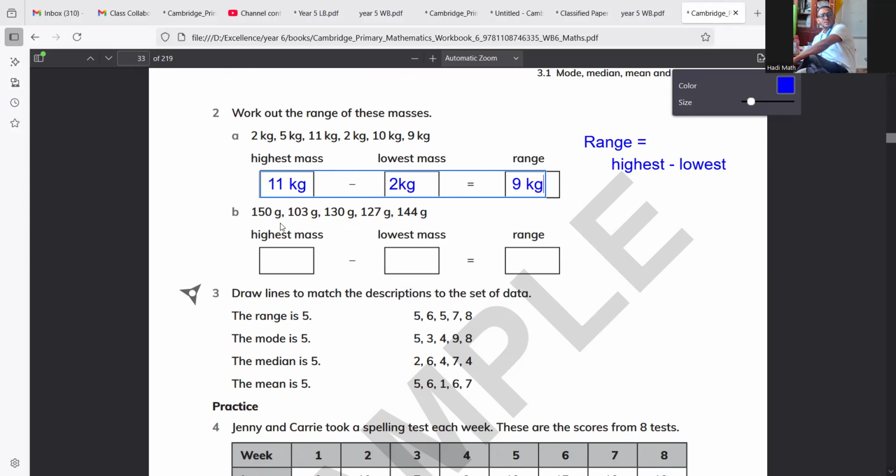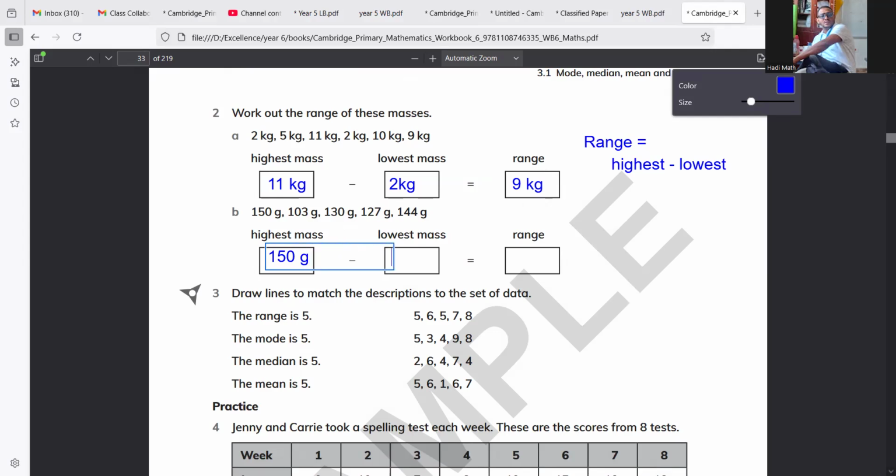Look at number B. You have 150 grams, 103 grams, 130 grams, 127 grams, 144 grams. The highest one is 150 grams.